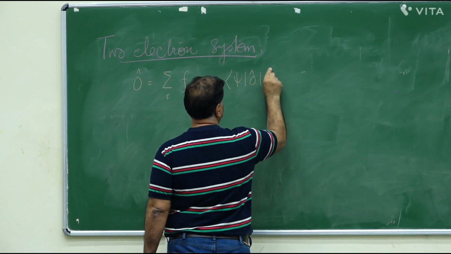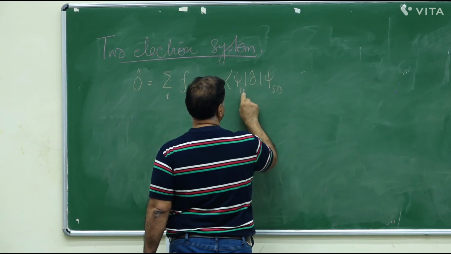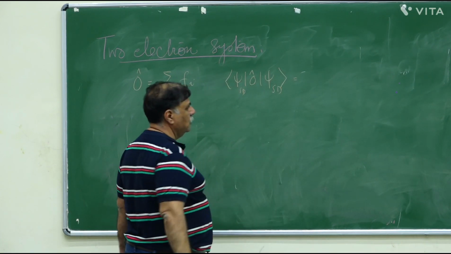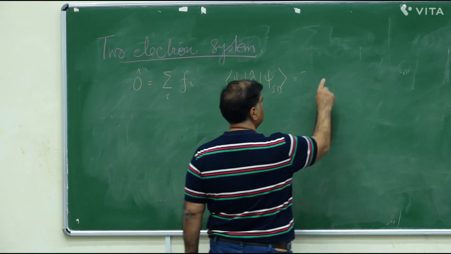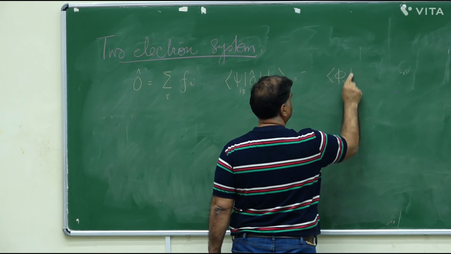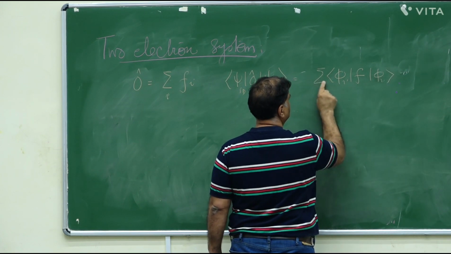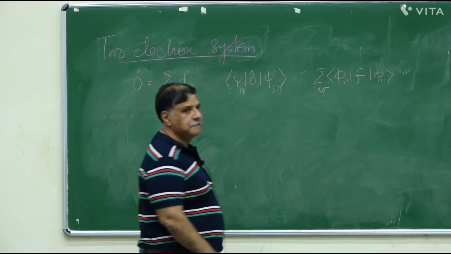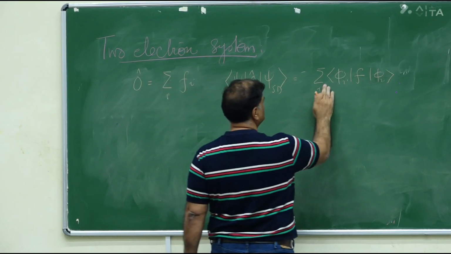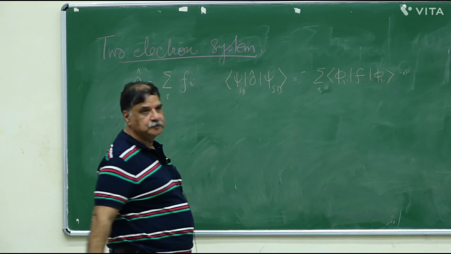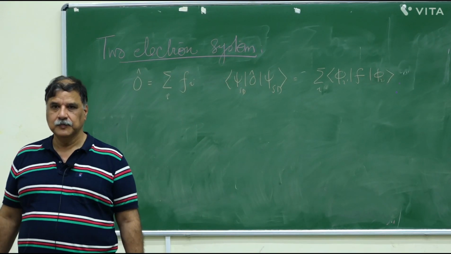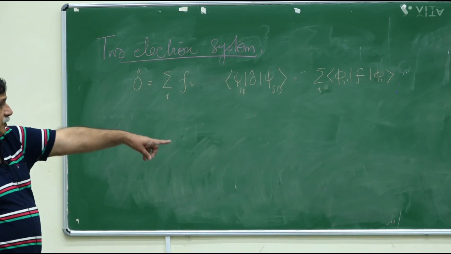<psi|O|psi>, and I'm assuming that psi are normalized, will come out to be the sum over i and sigma of <phi_i|f|phi_i>. I think this is right; the i includes both sigma and all the quantities. Alright, that's what I used here.